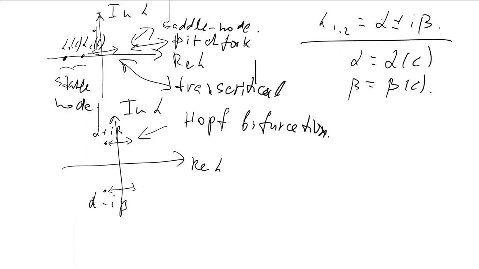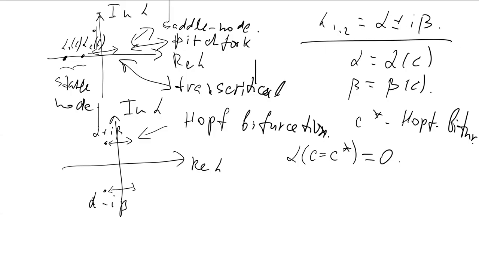So when we have Hopf bifurcation, we know that alpha is a function of c, but at c star we have Hopf bifurcation, then alpha at c equal to c star should be 0, because here on the vertical axis, the real part is 0. And the first condition is that the derivative of alpha over c at c equals c star is non-zero.